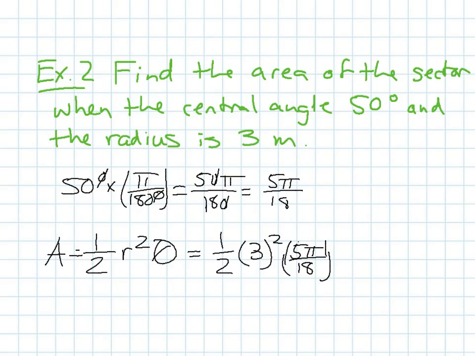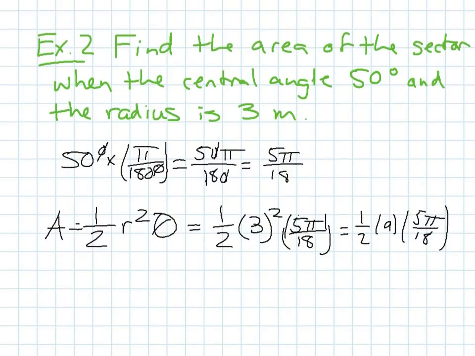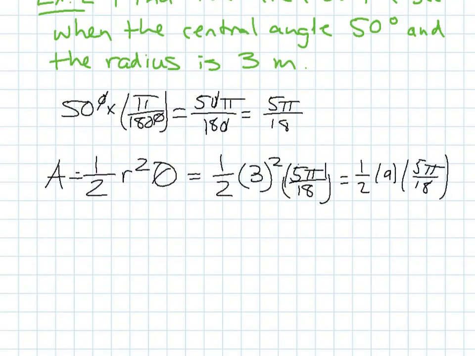Squaring my 3 gives 9, so 1/2 times 9 times 5 pi over 18, and then multiply across. That gives me 45 pi over 36.